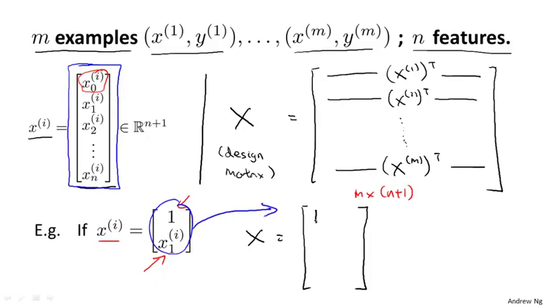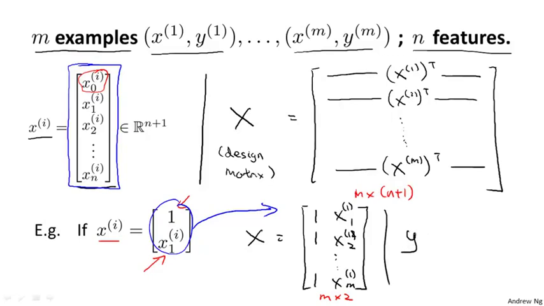So I'm going to end up with 1, and then x1, 1. For the second row, I'm going to end up with 1, and then x1, 2, and so on down to 1, and then x1, m. And thus, this will be a m by 2-dimensional matrix. So that's how I construct the matrix X.